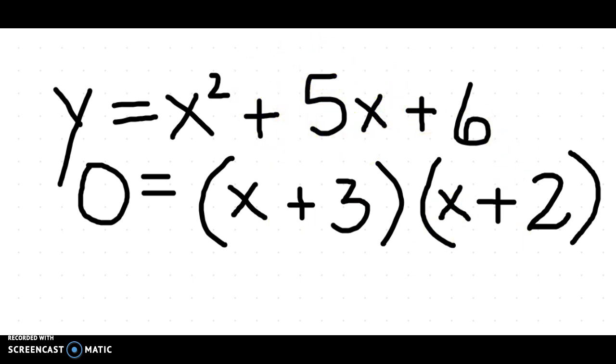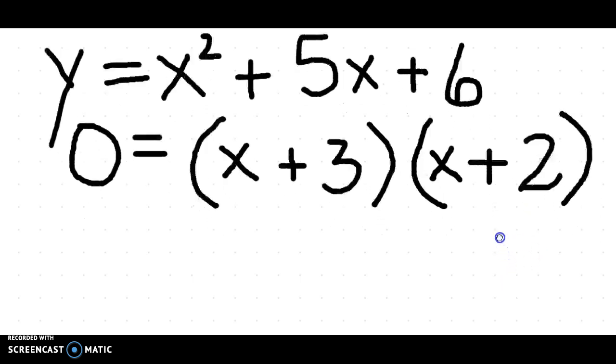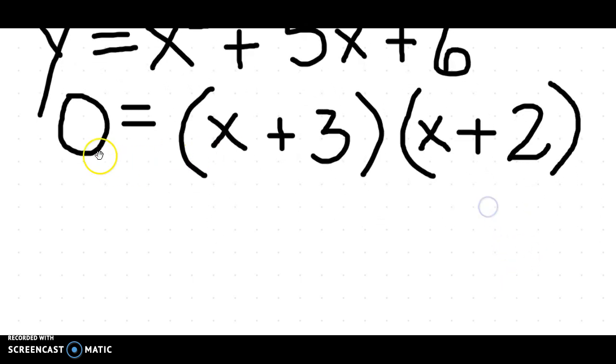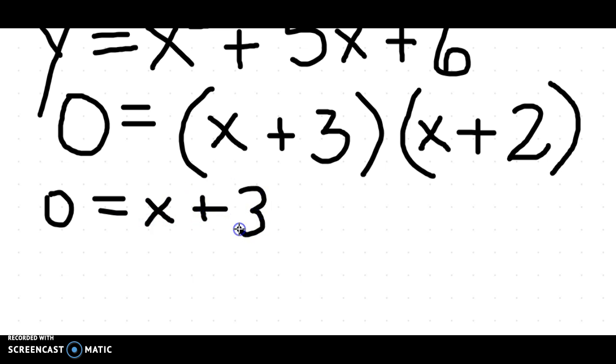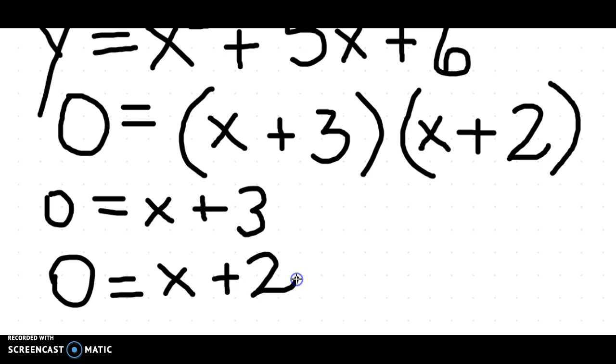So the question is, what can x be so that I can get y to equal 0? Two options here. One option is 0 is equal to x plus 3. And another option is 0 is equal to x plus 2, right?